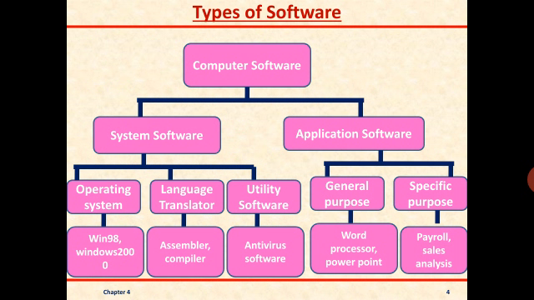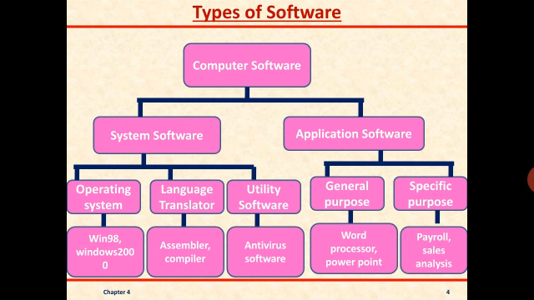Now let us learn the different categories, or types, of software. Computer software is broadly classified into two categories: system software and application software. System software is again classified into three categories: operating system, language translator, and utility software. Application software is classified into two categories: general purpose and specific purpose.